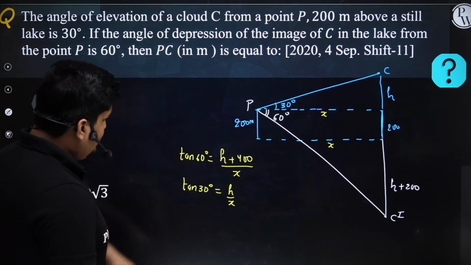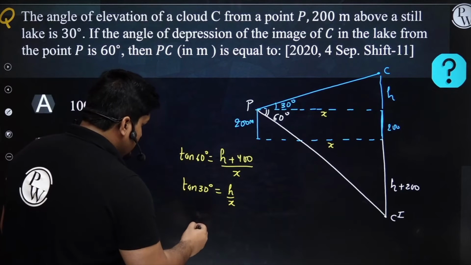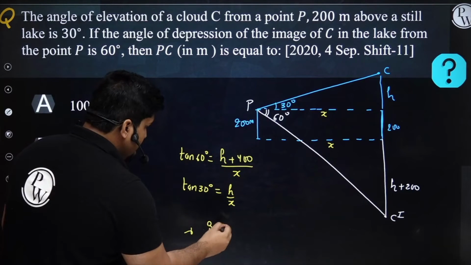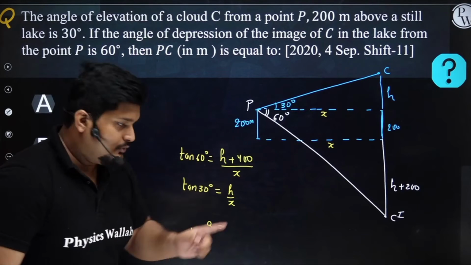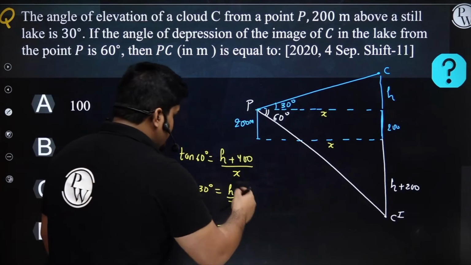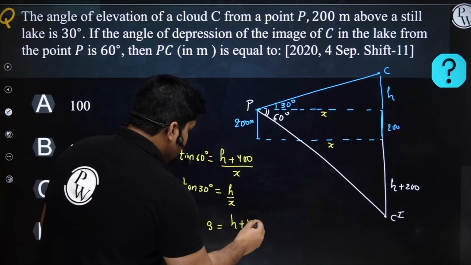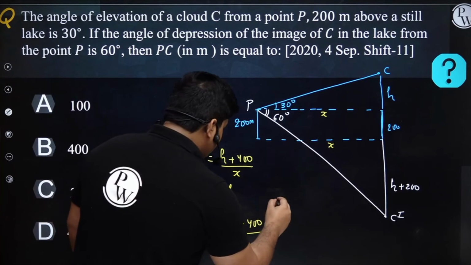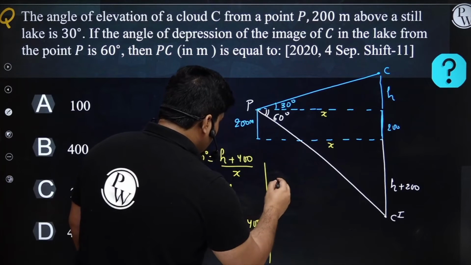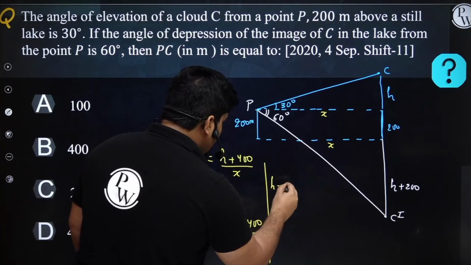So if I divide these two, tan 60 is root 3, tan 30 is 1 upon root 3, so root 3 will go in numerator, it will become 3, and this h plus 400 divided by h will be there. So we have 3h. So 2h equal to 400, so we get h equal to 200.